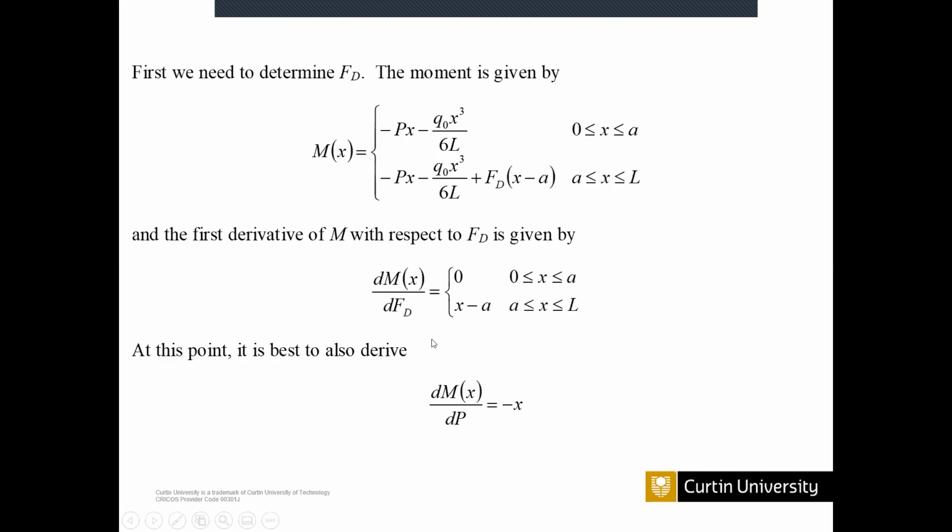In this calculation, we find FD, and the question asks us to find the deflection at point B. For that, we need the first derivative with respect to P, because at point B there is a downward point load P. So get the first derivative with respect to P using this bending moment equation. Even with the other equation you would get the same results, because P is only available in here.